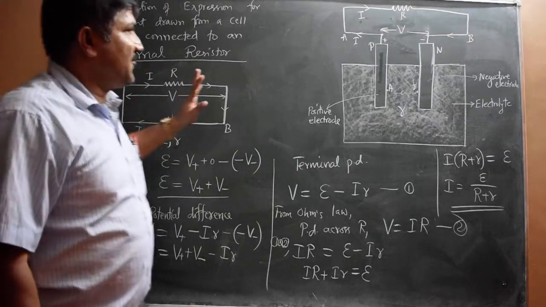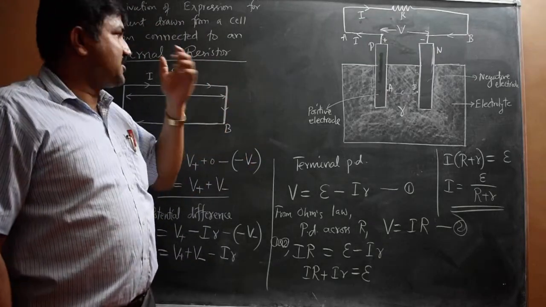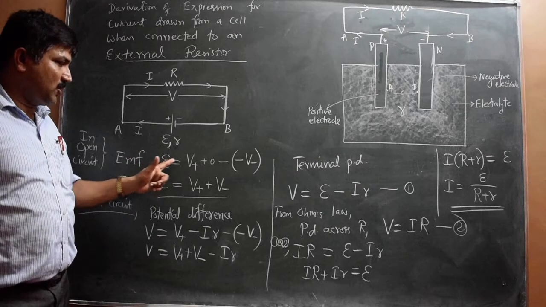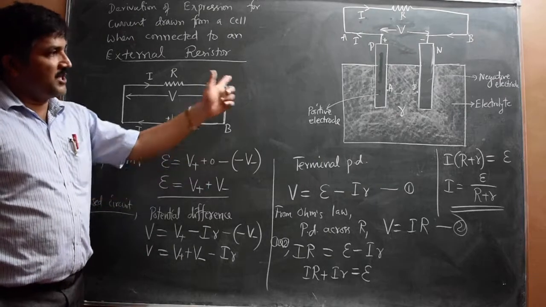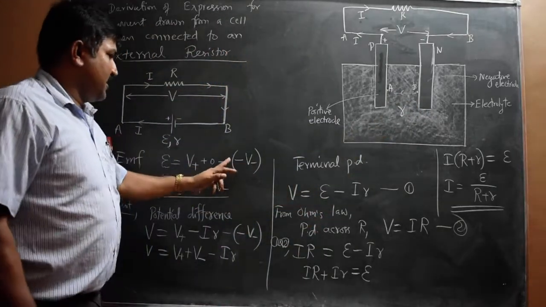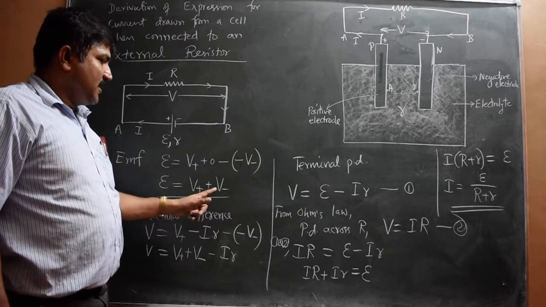EMF is the potential difference across the terminals of the cell when no current is drawn from it. Hence epsilon equals V plus, the potential difference across A and B being 0 when no current is drawn, and minus of minus V minus. So EMF is V plus plus V minus.